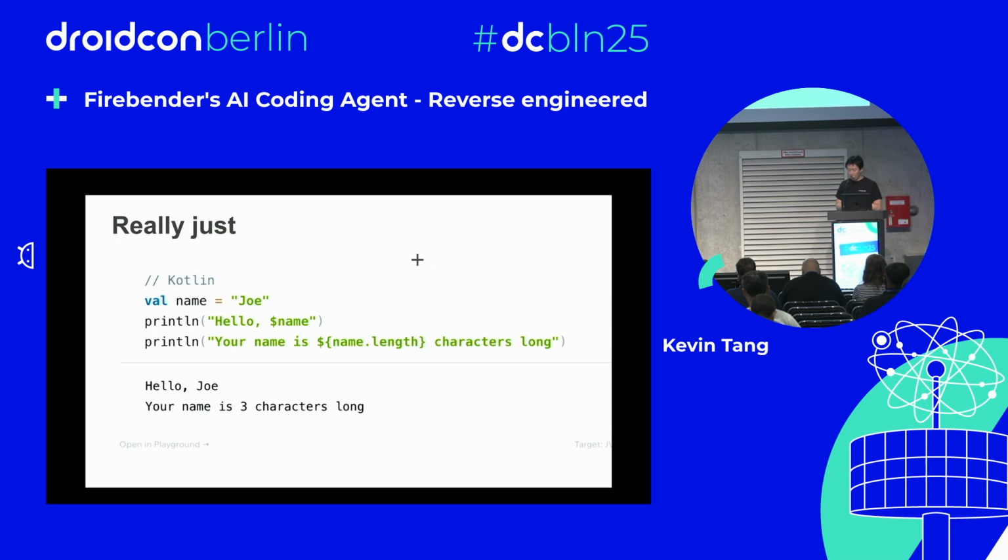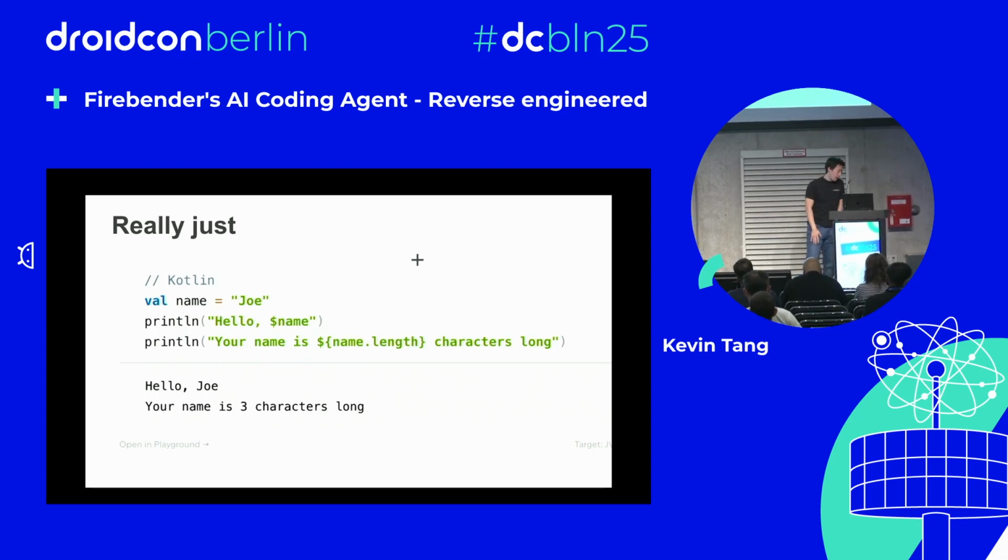Really, it is straight up just string interpolation. If you actually look at a lot of these frameworks underneath the hood, they are just concatenating a bunch of strings together. They're giving it to an LLM, and the LLM is giving a string back, and they are parsing that string into something interesting, like a tool call, right?